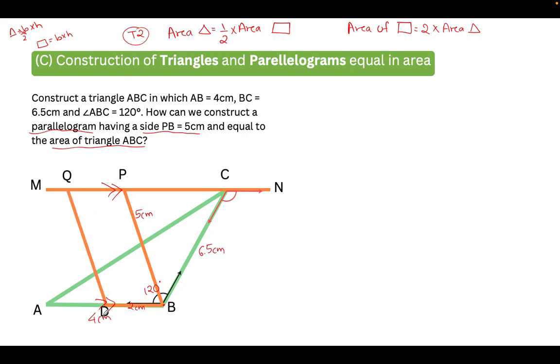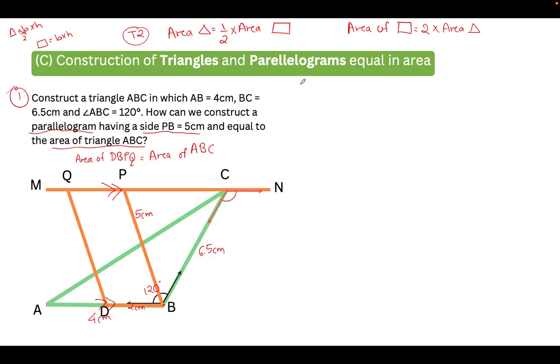So DBPQ is a parallelogram that has area equal to triangle ABC. So area of DBPQ is equal to area of ABC. Okay. So this is about problem 1.